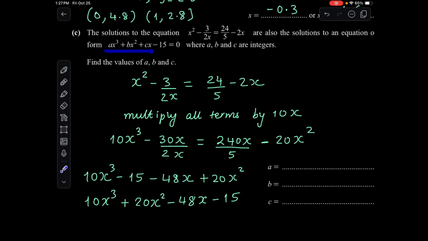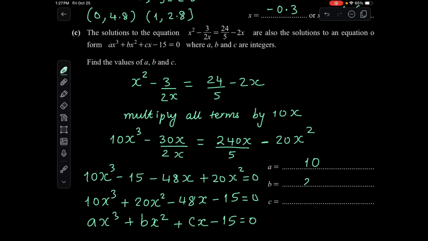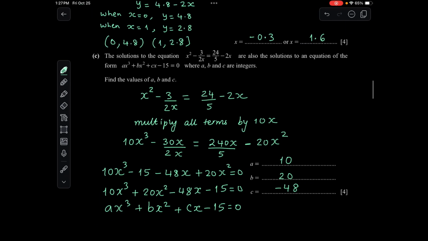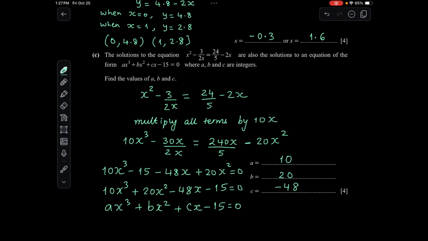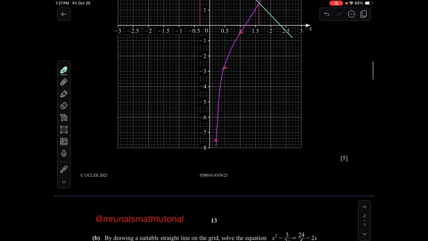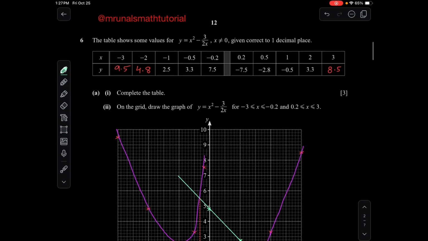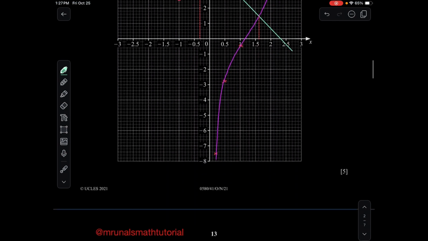Compare it with the given equation here, ax cube plus bx square plus cx minus 15 equal to 0. That gives me the value of a is 10, the value of b is 20, the value of c is minus 48. That's it for this long question, which is worth 8 plus 5, 13, 13 plus 3, 16 marks.